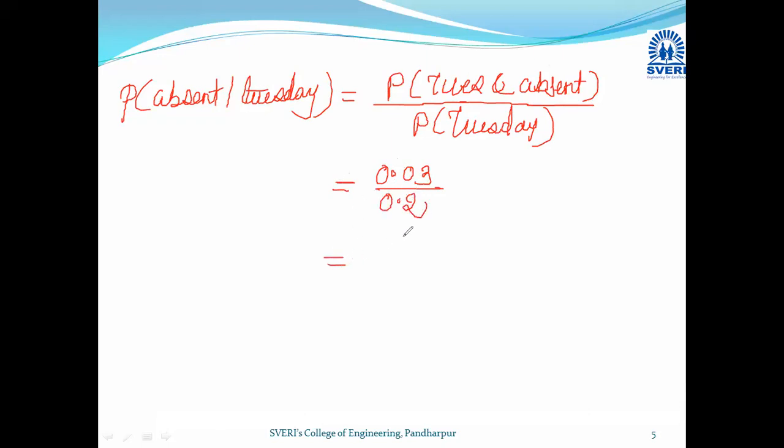What is that equal to? 0.03 by 0.2 is near about 0.15. Okay, now go for the next example.